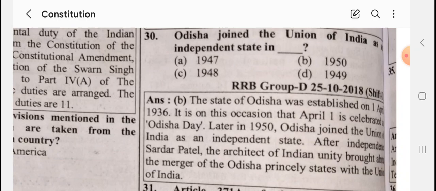Later in 1950, Odisha joined the Union of India as a state. After independence, Sardar Patel, the architect of Indian unity, brought about the merger of the Odisha princely states with the Union of India.